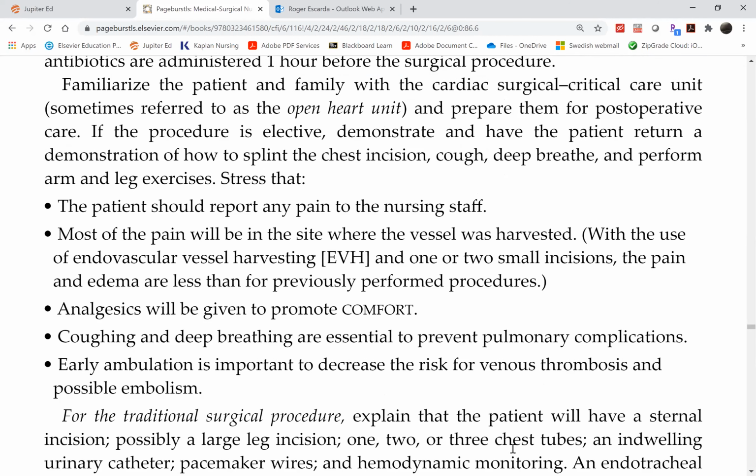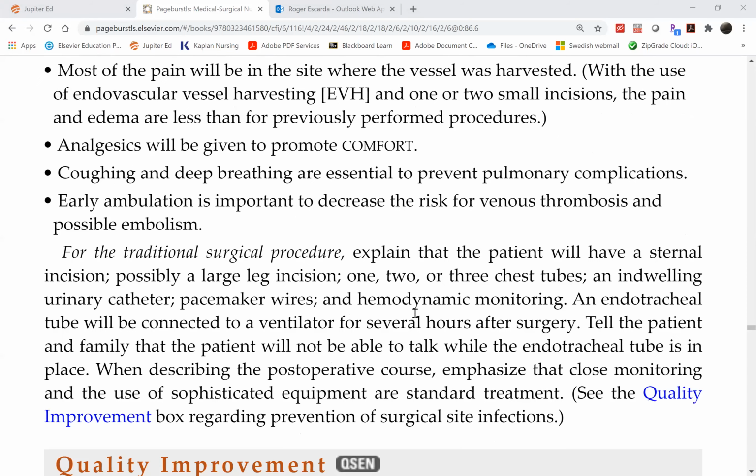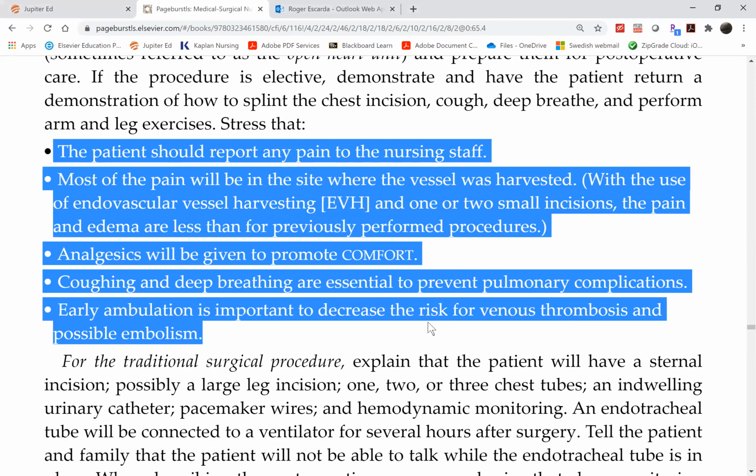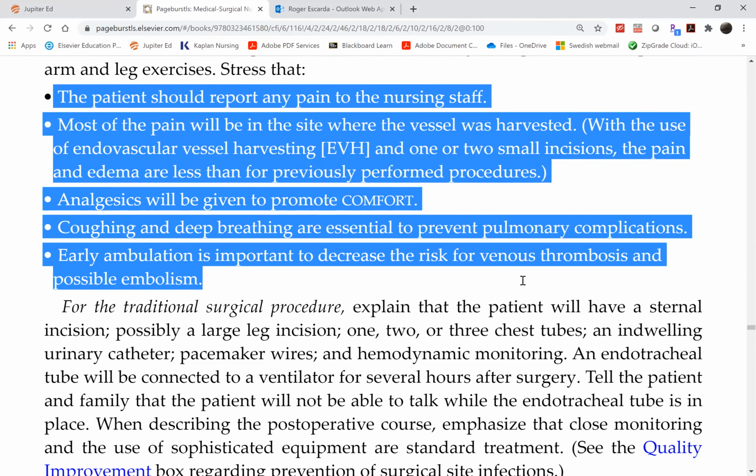This is your pre-op teaching. As you can see, as with any other pre-op patient, you start your post-op teaching in the pre-op. It's just more extra.